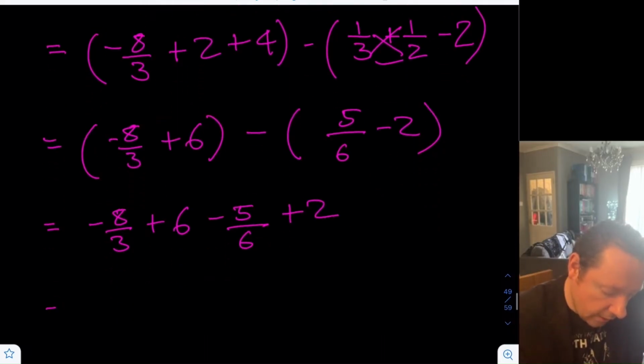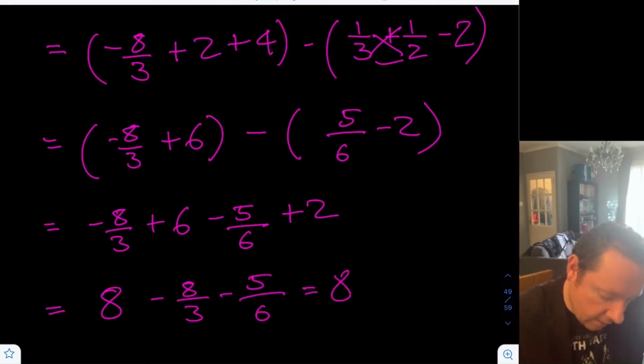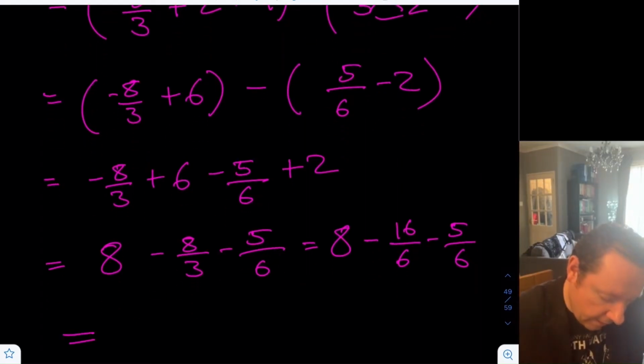Putting the numbers together, you get 8. And I've got -8/3 and -5/6 to deal with. Doubling, that's 16 over 6 minus 5 over 6. 16 minus 5 is 21 over 6.